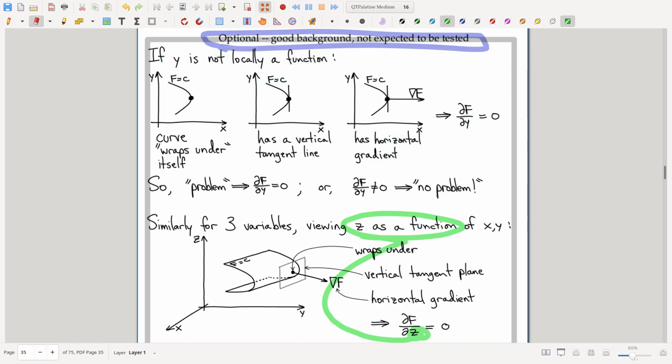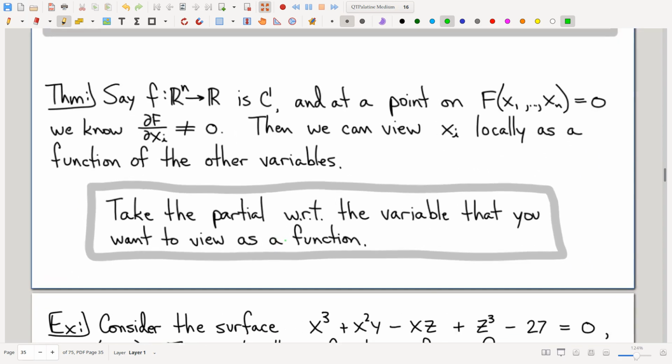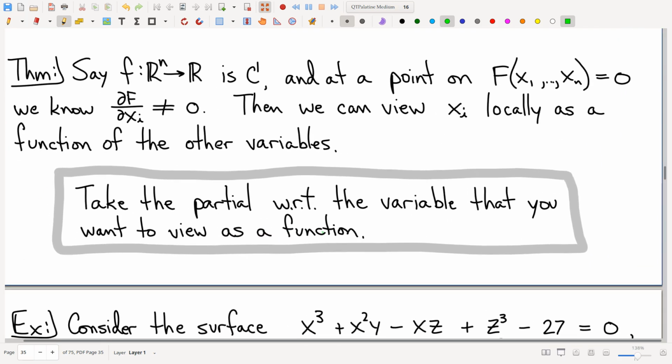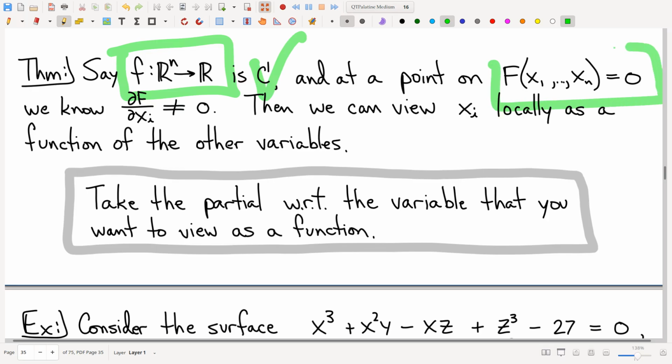I'm just going to assert this is not a coincidence. This is the pattern. And so that's how we're going to state the general version of the theorem. If you're looking at a level set of an appropriately nice function, this is regularity, you've got to worry about that kind of stuff, but don't worry about that part. And if you're looking at a level set, very important, f has got to be constant. That's how our argument went down.